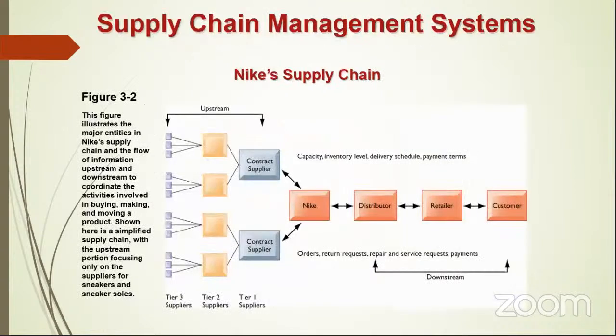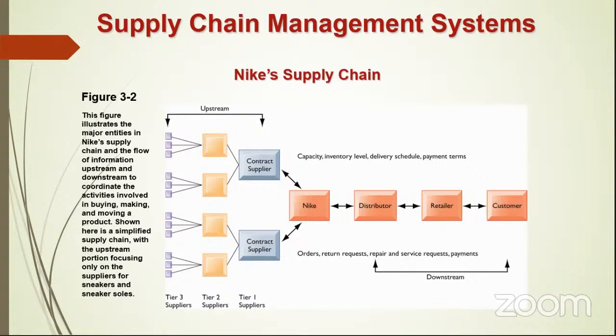Anyway, next slide. So Nike, that's the company that sells athletic wear and sneakers. And the word Nike actually means winner in Greek. They have several tiers of suppliers that bring the things from the people who make each part of it.